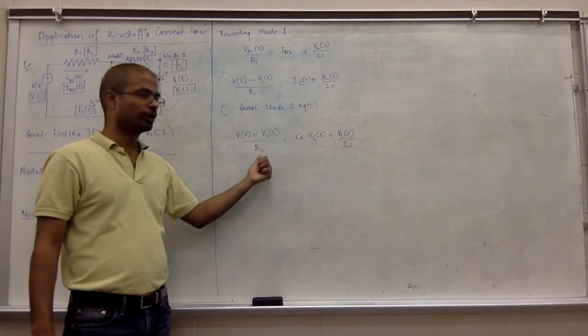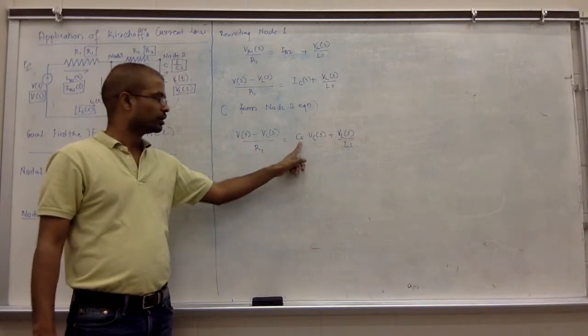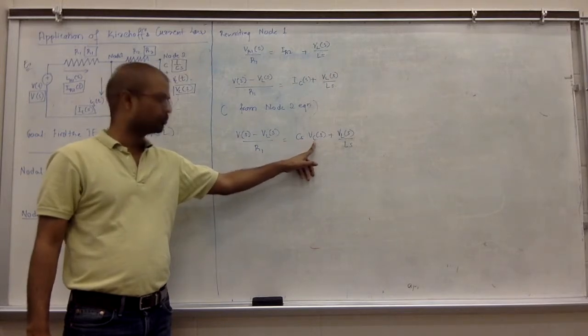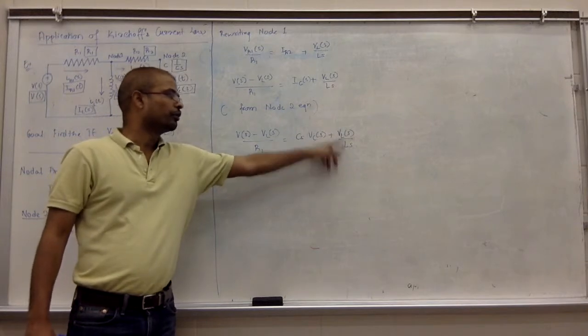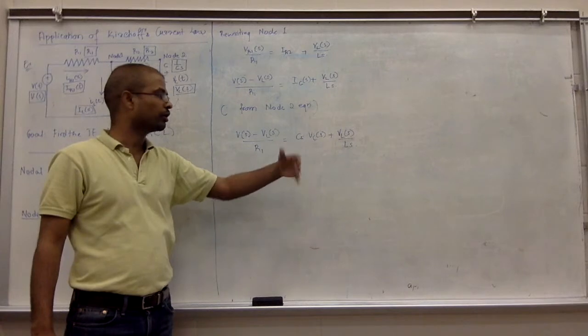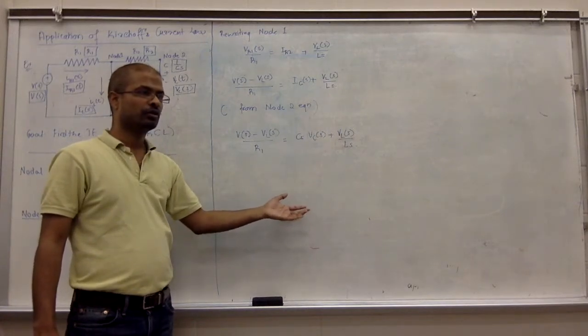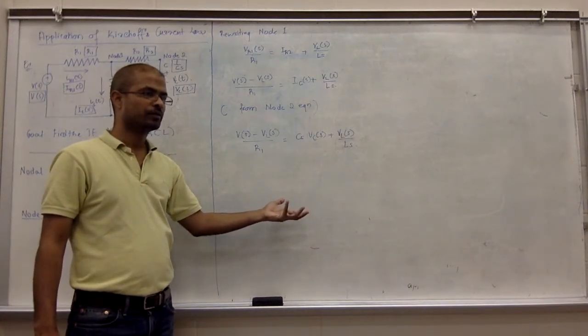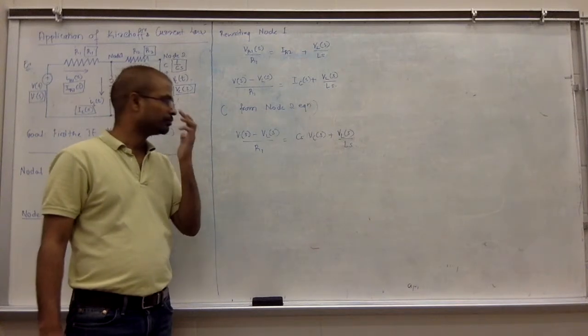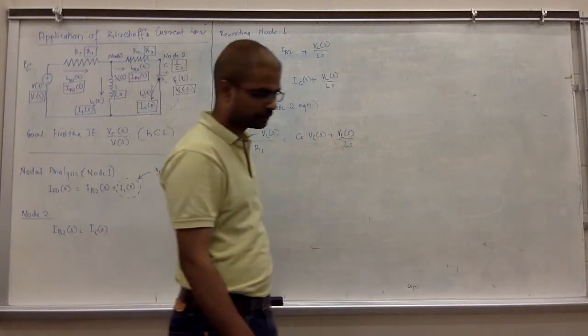C is a known quantity. VC is the output. VL of S is the only one which does not qualify as input, output, or known quantity. How do you eliminate VL of S?